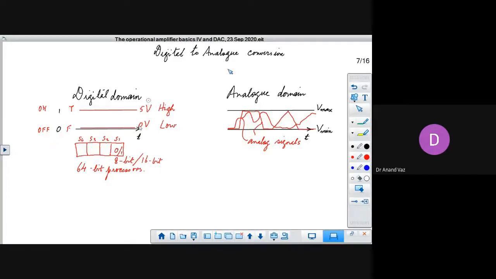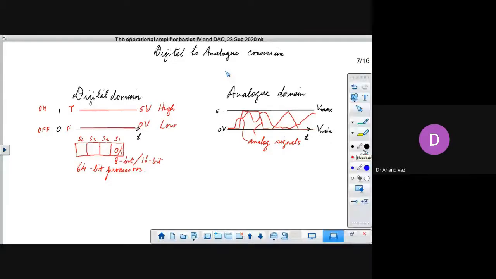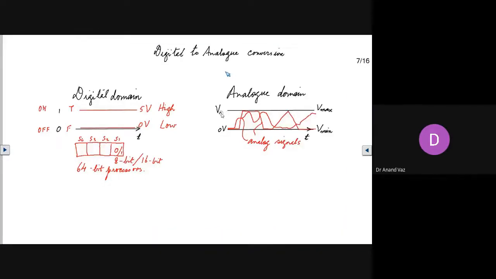So naturally, if you are going to operate between these two limits, let us say this lower one is 0 volts, and this is 5 volts, or V max. Let's not make it 5 volts, let's make it V max, so that it's more general. So let us say that we operate between 0 and V max.